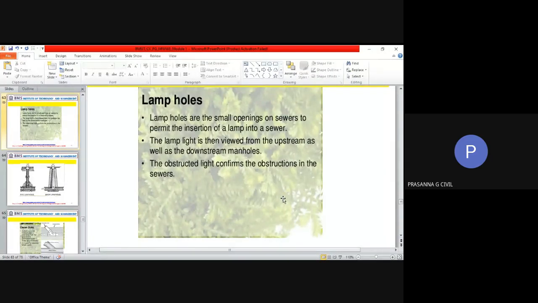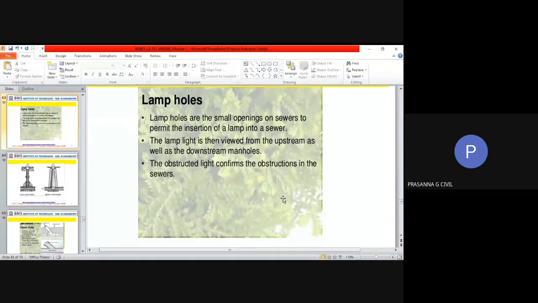So a lamp hole is a small vertical shaft through which you will be able to lower a lamp, viewed from the upstream as well as the downstream, so as to indicate if there are any blocks in the pipeline. So it is a simple vertical shaft.